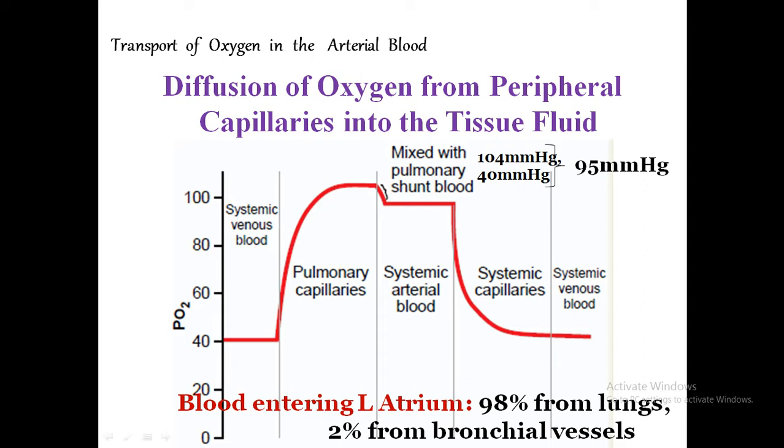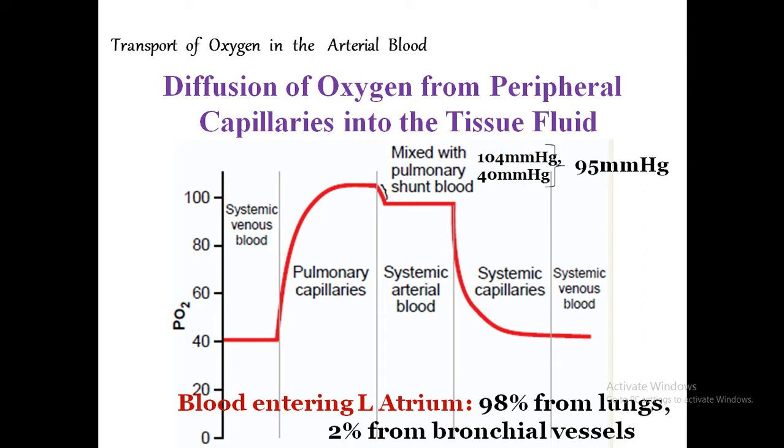This makes the total pressure equal to 95 mmHg. Now the blood entering the left atrium has the 95 mmHg pressure, and 98% of it is coming from the lungs, while 2% is the blood mixed in from the bronchial vessels.